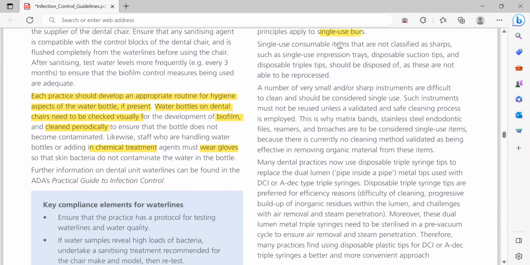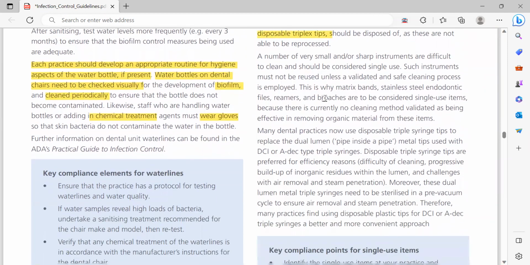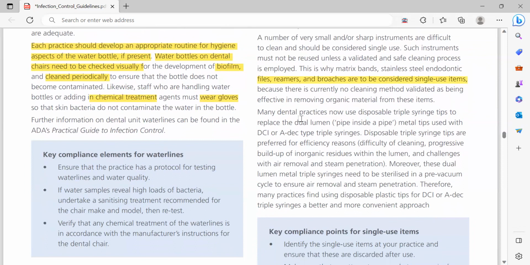Single-use consumable items, such as single-use impression trays, disposable suction tips, and triple syringe tips, should be disposed of as these are not able to be reprocessed. Certain things, for example files, reamers, and broaches, are to be considered single-use items because there is currently no cleaning method validated as being effective in removing organic material from these items.